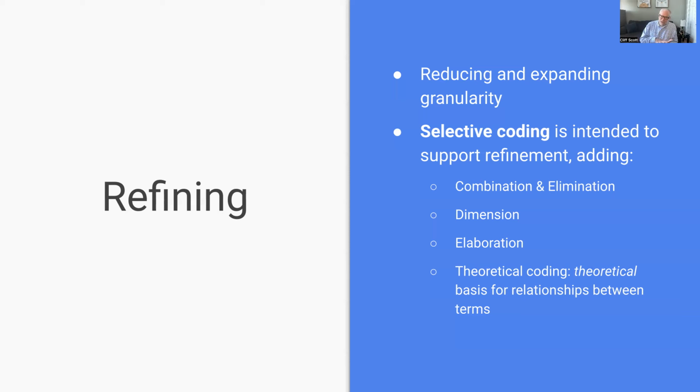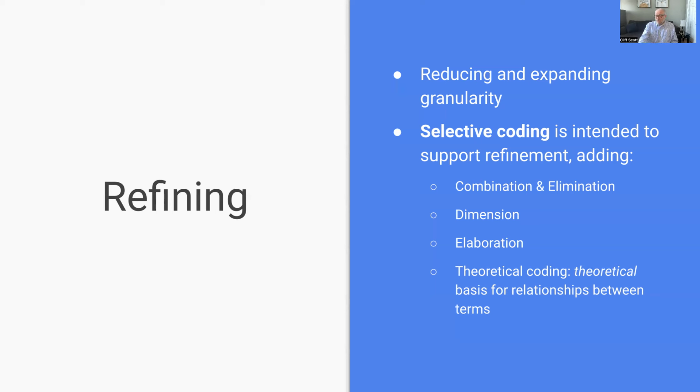So think about this third stage of selective coding as involving a kind of theoretical coding, where you're trying to figure out, okay, now that I've decided that these categories are related in this particular way, what's the theoretical framework that would explain why and how they should be related in that particular way?